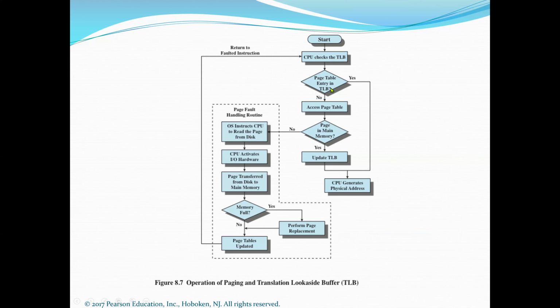If the page is in main memory, then we update the TLB and continue. If it's not in main memory, the operating system will instruct the CPU to read the page from disk. Since it's not in main memory, we have to read it from the secondary storage device.